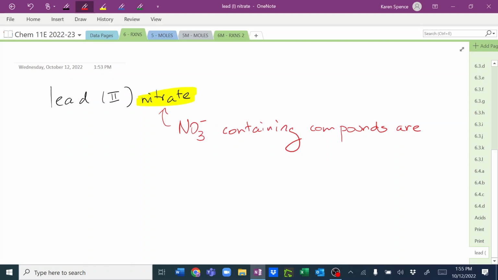So nitrate-containing compounds are what? All soluble.